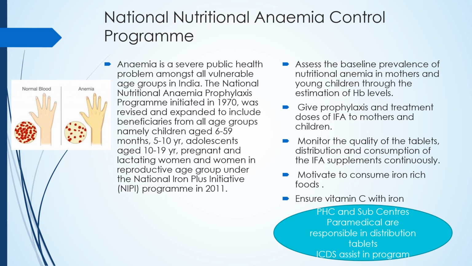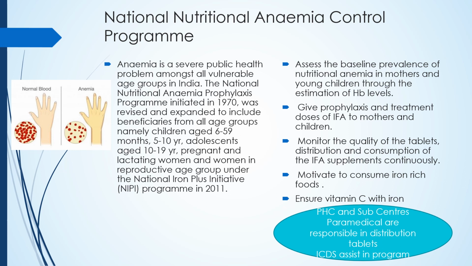After that, 5 to 10 years, adolescents, pregnant women, lactating mothers, and women in the reproductive ages are the beneficiaries of the National Iron Plus Initiative Program, which was renamed in the year 2011.